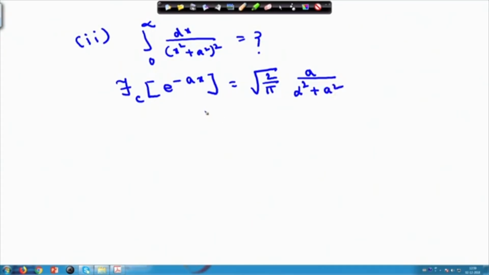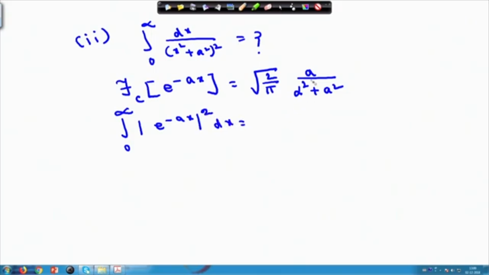So, the Fourier cosine transform of this is root over 2 by pi a by alpha square plus a square, and again I know from Parseval's identity that integral 0 to infinity modulus of f x whole square dx equals integral 0 to infinity modulus of capital F c of alpha, that is the Fourier cosine transform of f x, whole square into d alpha. So, if I use that property, I can write down 0 to infinity modulus of e power minus a x whole square dx.